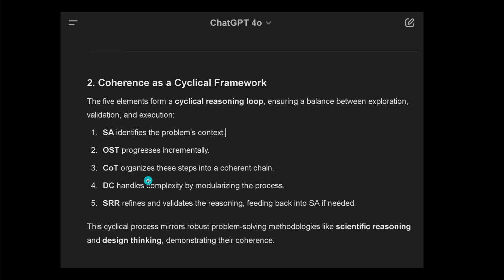Then we try to handle the emerging complexity by creating multiple modules in this linear process chain. And then we refine the system, we validate the reasoning arguments, and we have a feedback loop for self-improvement.